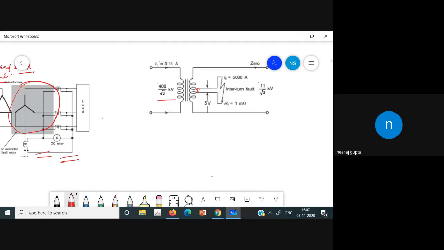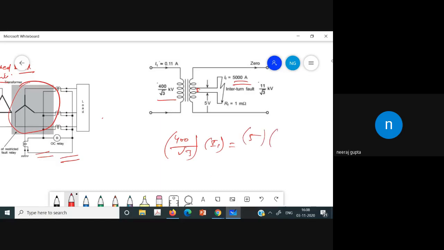Let us suppose that we have the voltage here, and we want to calculate the current I1. Then we will have 400 divided by root 3, and let us suppose the current is I1 and the fault takes place in I2. Let us suppose these turns are shorted, and the current flowing through the shorted turn is 5000 ampere, and the voltage through this is 5 volts.